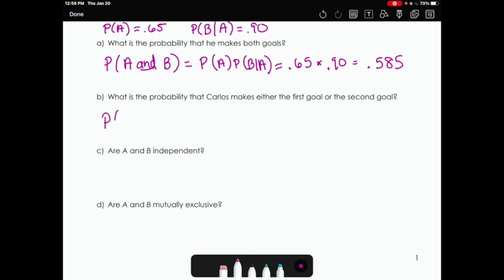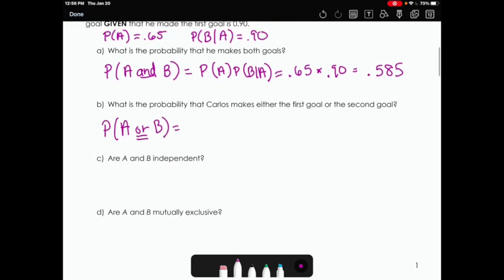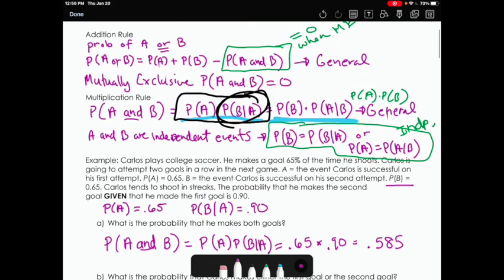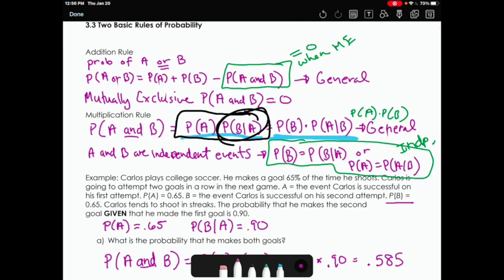So now we're using an "or" statement. We're finding the probability of A or B. And if we look back up at our general statements, we want to add when we have an "or" statement. So I'm looking at this right here that I just highlighted in blue.